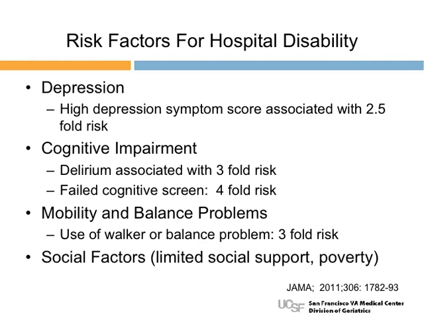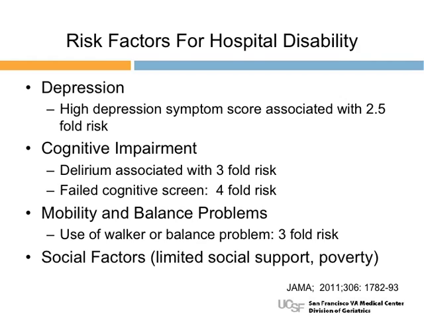So depression. There have been a number of studies that show that high depression scores are associated with a higher disability risk. In hospital populations, those who are depressed are about 2 to 3-fold higher risk for disability. In terms of geriatric disability, depression's a really bad actor.